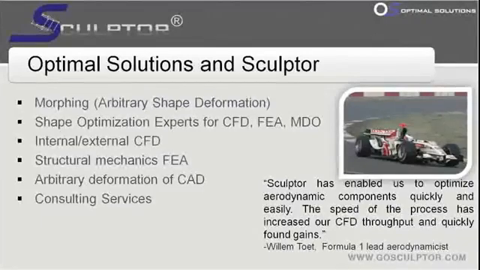Our largest capability in our tool is called Morphing, and it's our proprietary tool is arbitrary shape deformation. It allows the user to create their own user-defined shape change parameters on the mesh.